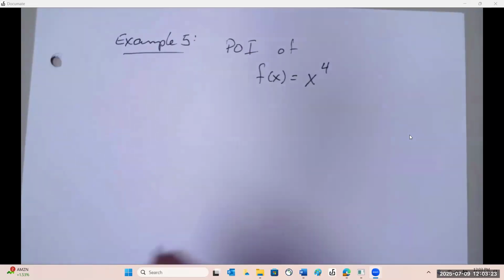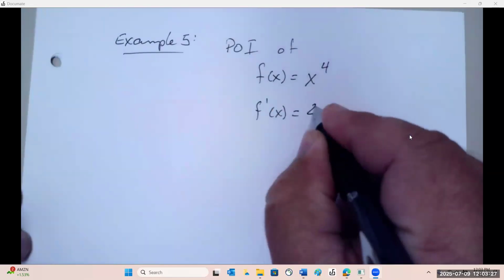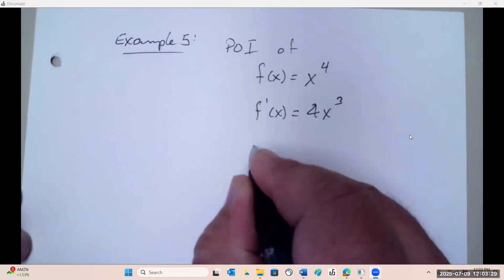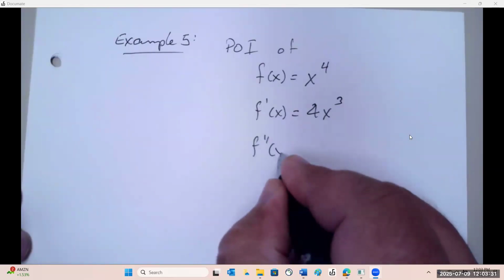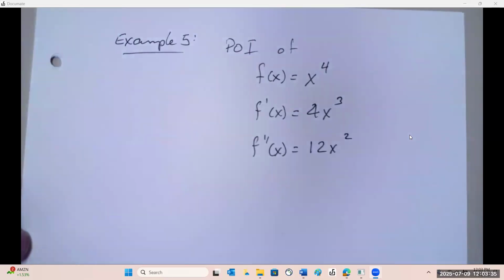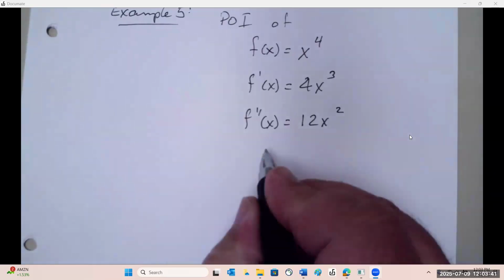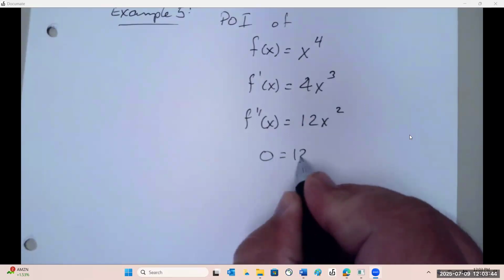So we have to find what? The second derivative. Set that equal to 0.